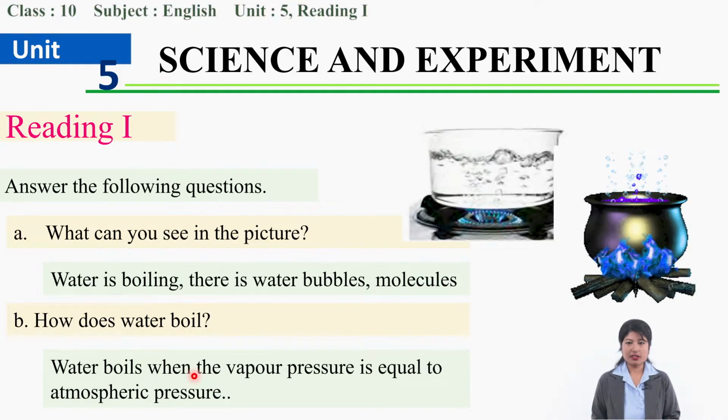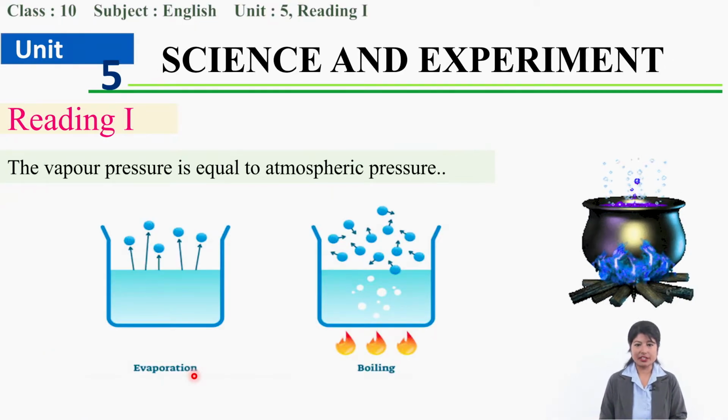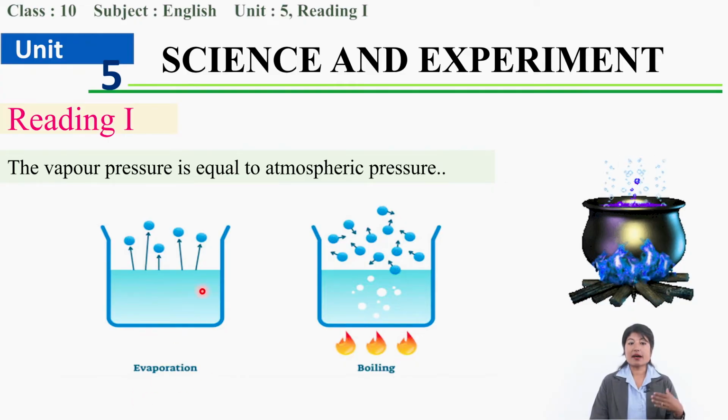I have one more picture over here to clarify it. Okay, as we boil water, so there is evaporation. Evaporation, water goes up, right? What comes from there? Okay, evaporates. We can see water evaporating like this.